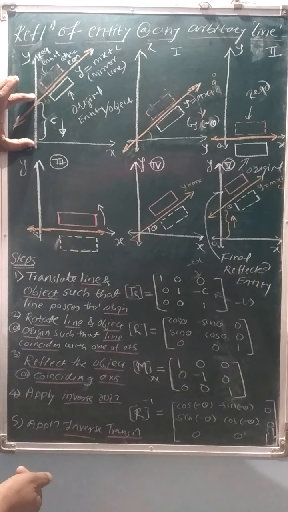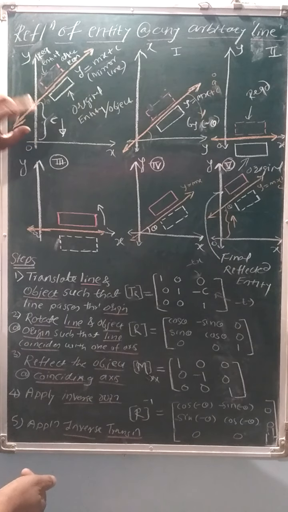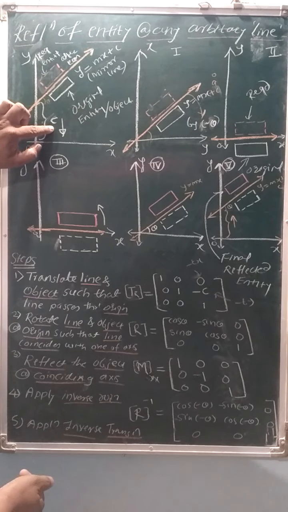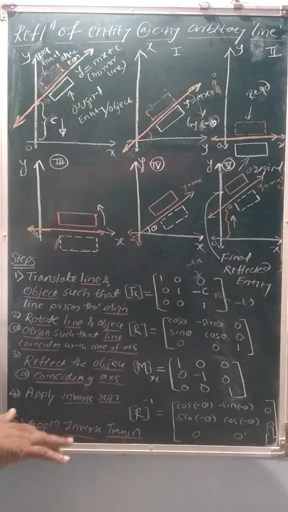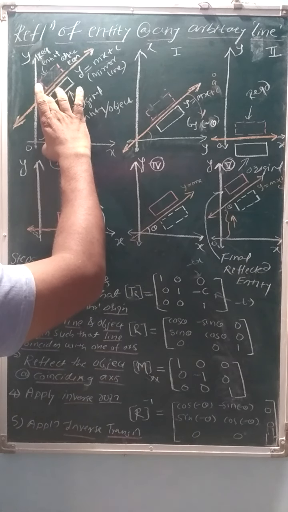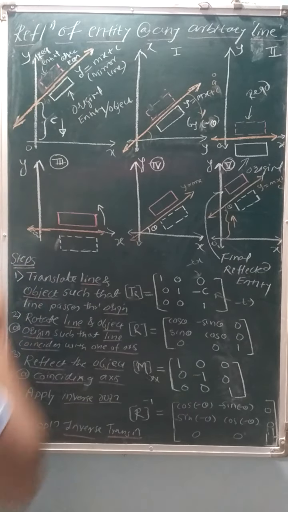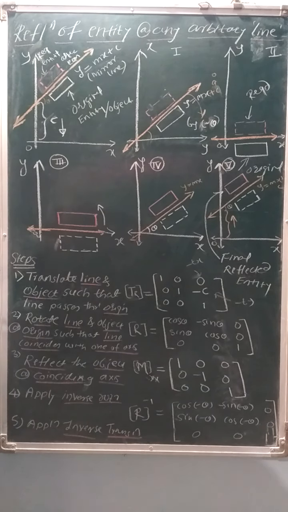So this particular distance is c. If c is 0, it means the line will pass through the origin. So the existing distance is c along the y-axis. That is the y-intercept.